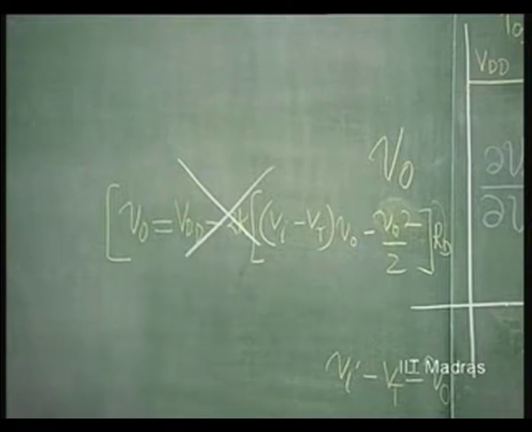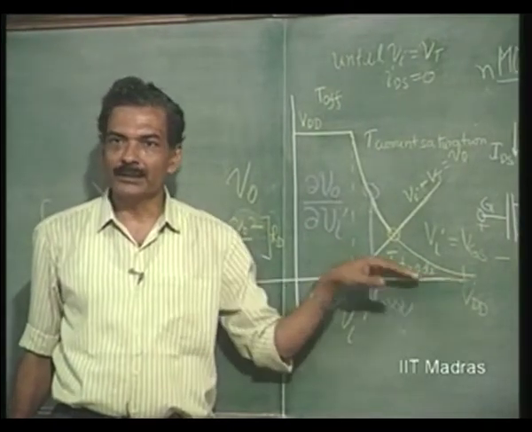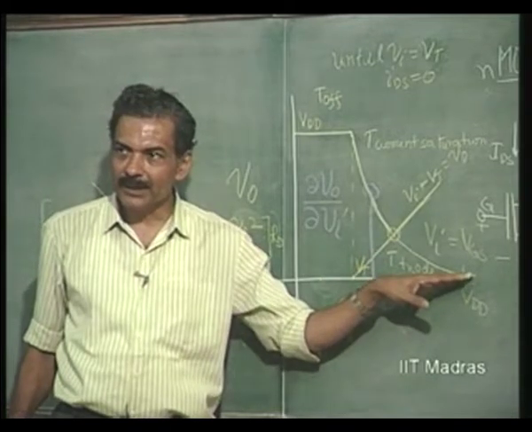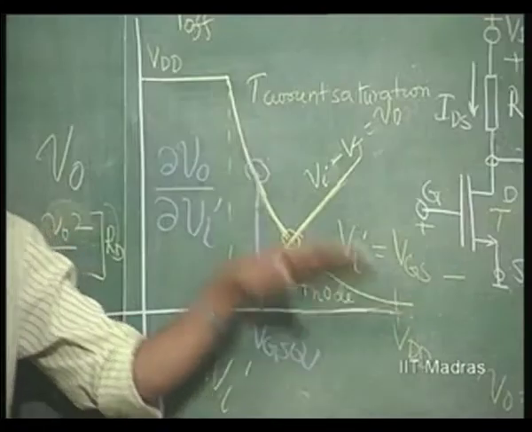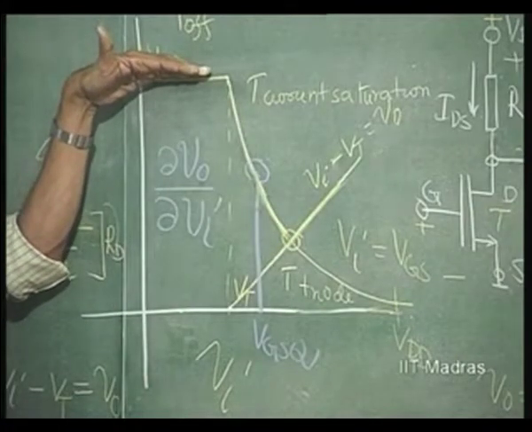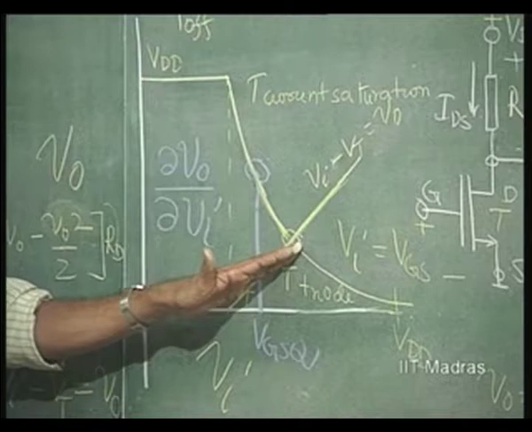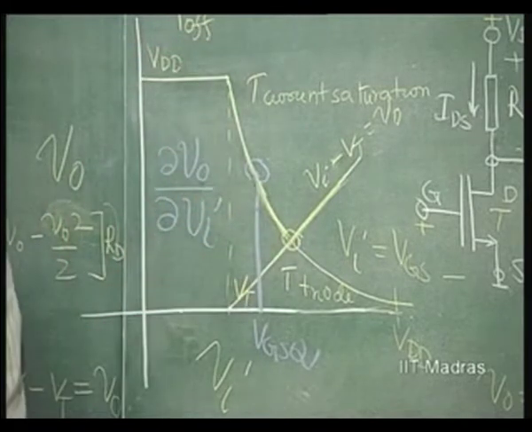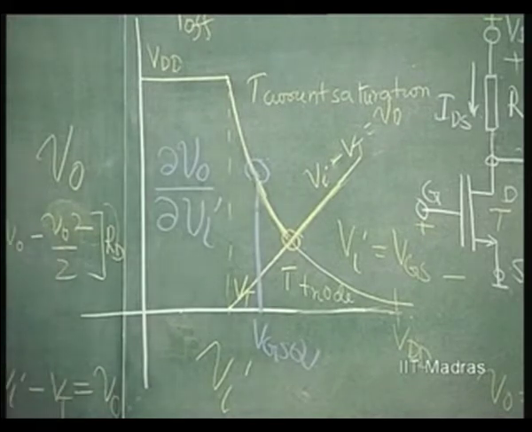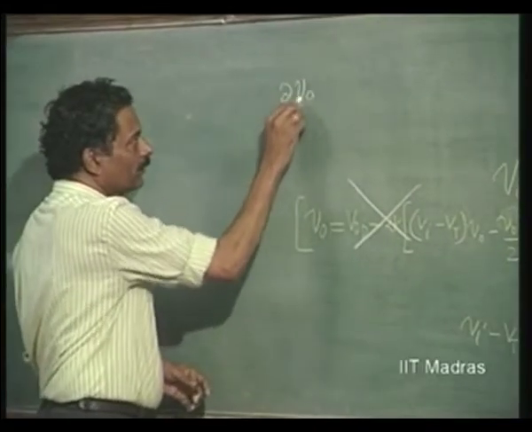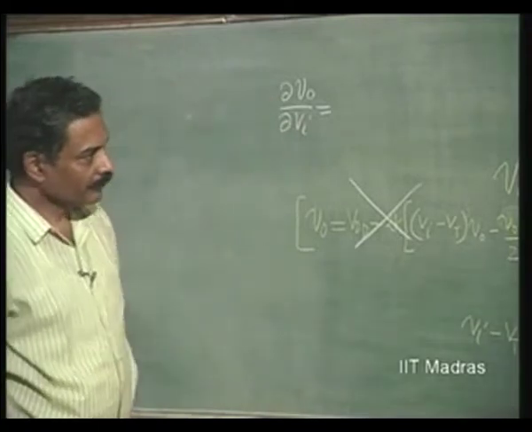The amplifier is set to enter the saturation region here. The amplifier is set to enter the saturation region where the FET is entering the triode region. The amplifier again goes to the limit here where the FET is in off state. These are the two boundaries within which you have to operate the FET in order to keep it as an active device. So, let us now obtain delta V naught by delta Vi, for this please differentiate that, what do you get?